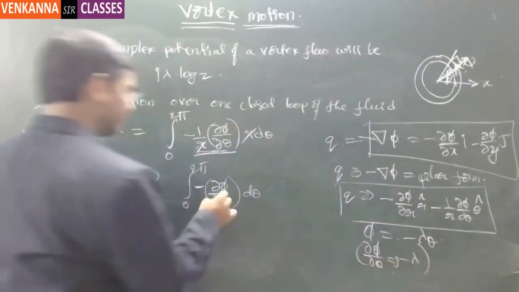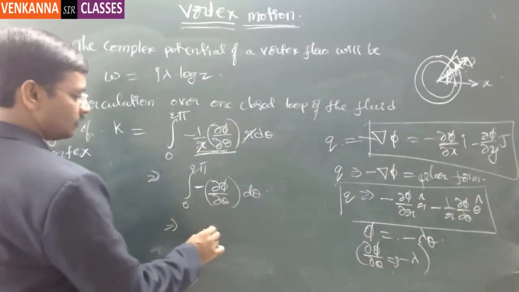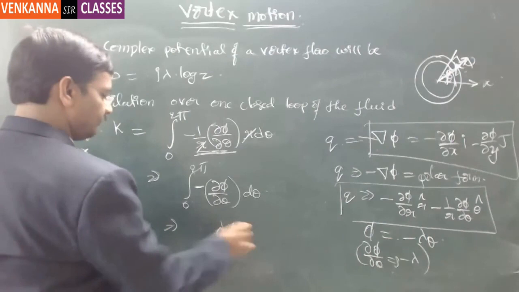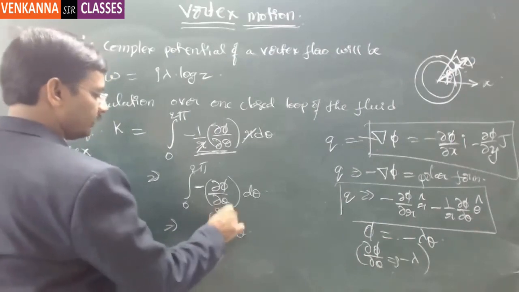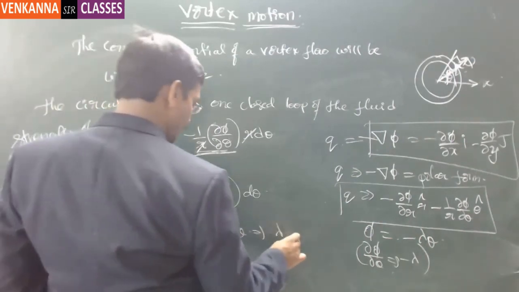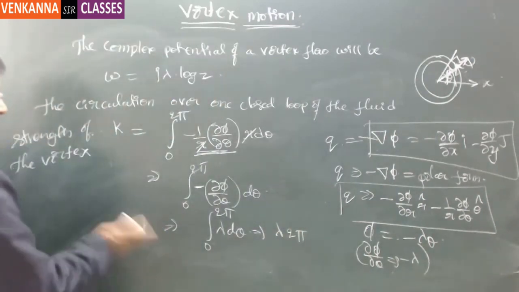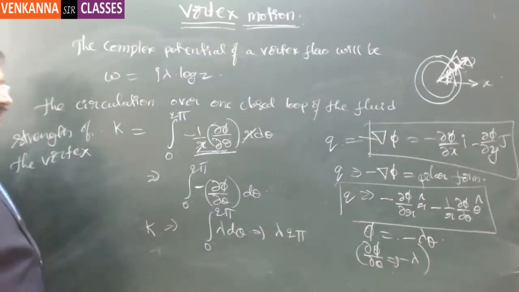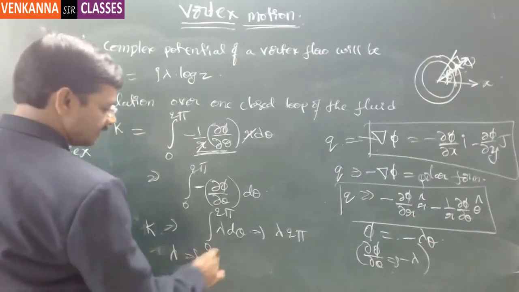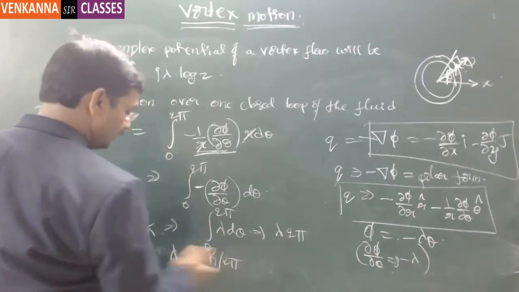If we replace it here, we get lambda times the integral of d theta over 0 to 2 pi. This will come as lambda 2 pi, which is nothing but k. From this, lambda can be expressed as k by 2 pi. So this is the intended relation.